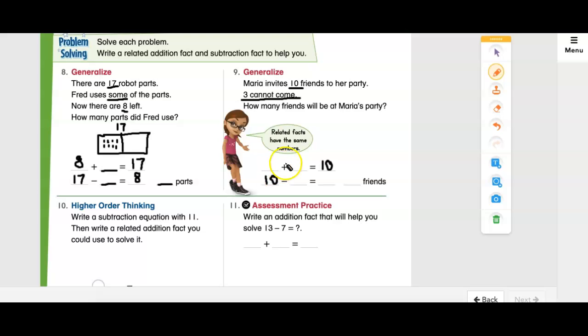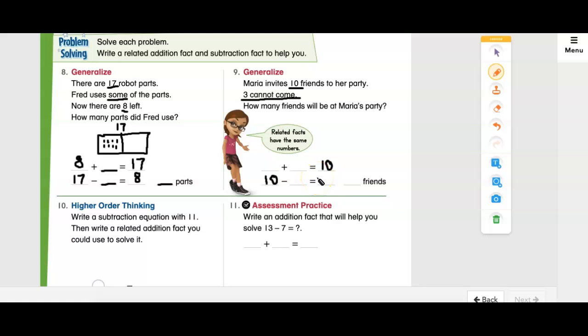Now I want you to fill in the part that we know and find the missing part. So how many friends do we know that cannot come? 3. So then you will write 3 in the blank and find the missing part.